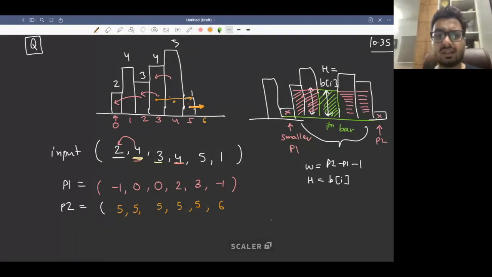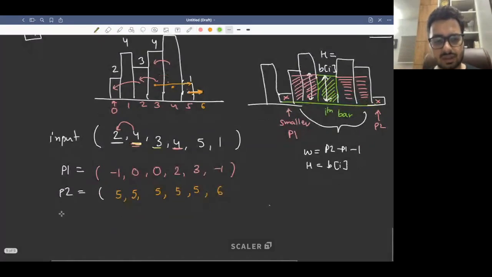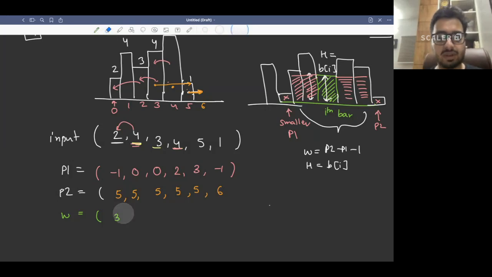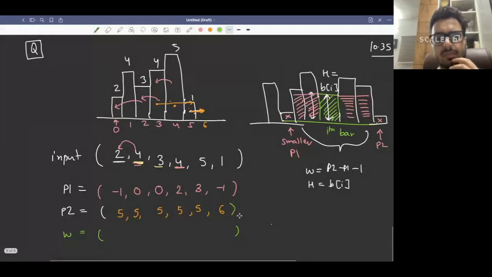Now how do I get the width? 5 minus minus 1. The nearest is at 2. Which one, Shivam?